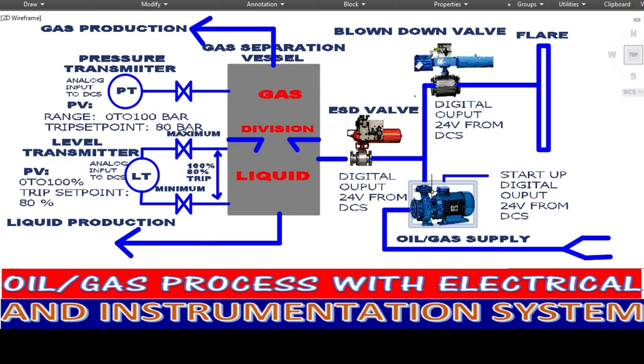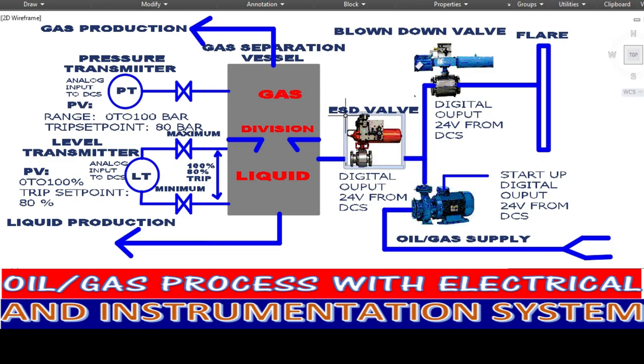This pump should be continuous. That's why the instrumentation provides the ESD valve, meaning emergency shutdown valve. Once there is a malfunction, like the pressure of this gas separation vessel going over 80 bar, this valve will be closed. Or if the level of the liquid division reaches 80%, again the ESD valve will close to avoid shutting down this pump.